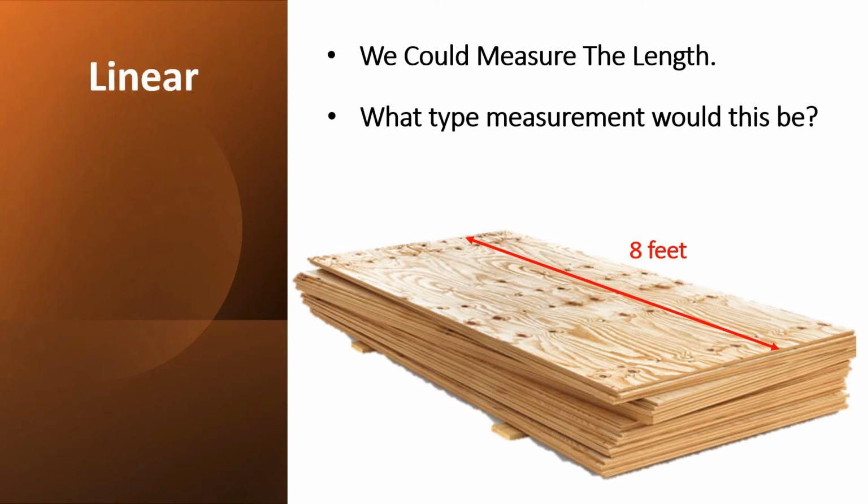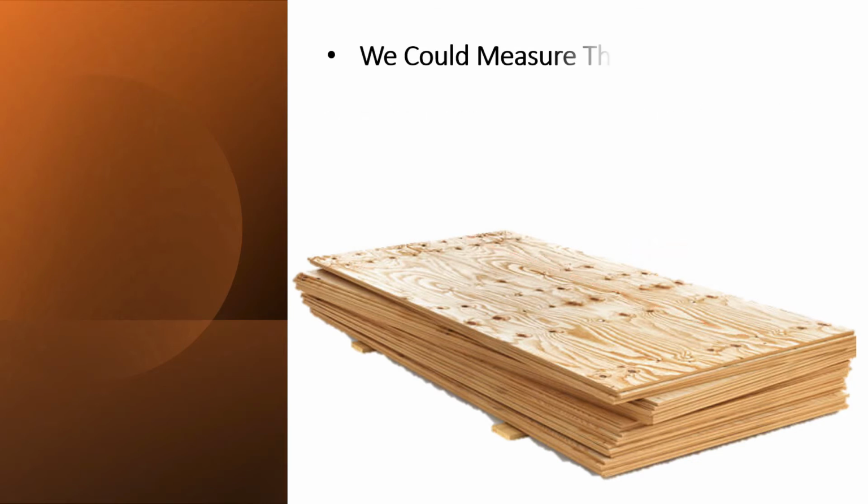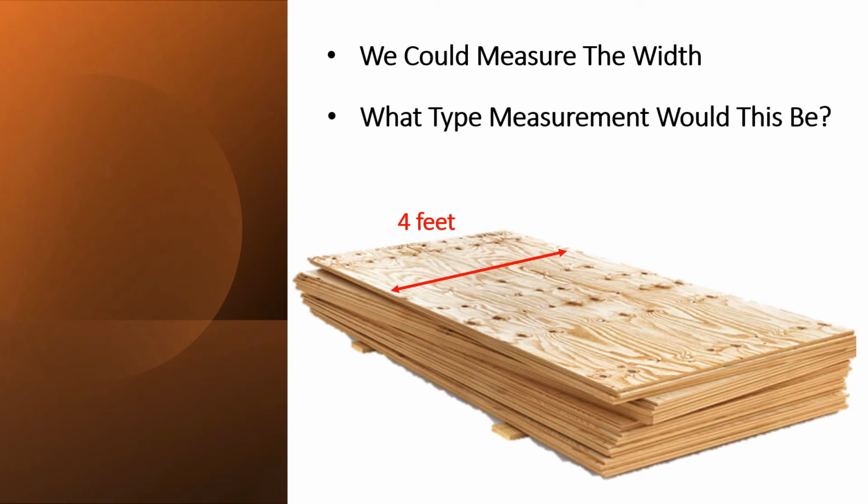That's a straight line from one point to another. One dimension. You can measure the width of it. What type of measurement is this? It's linear. It's just a straight line from one side to the other.